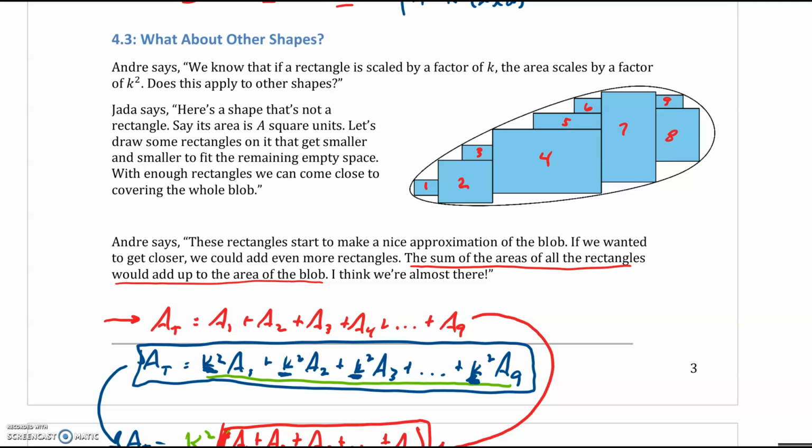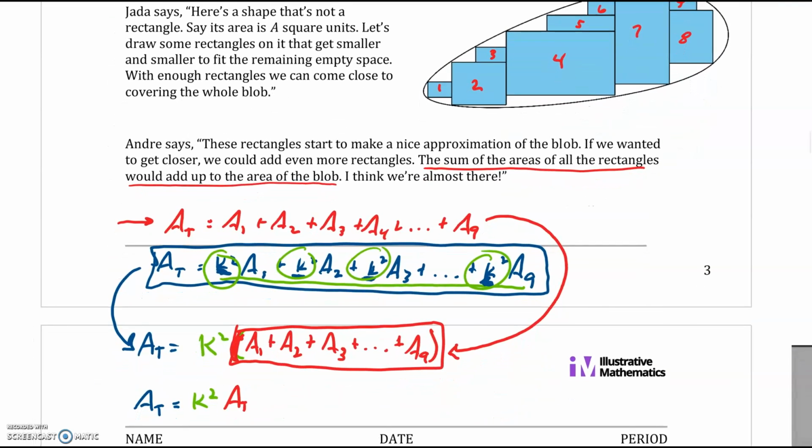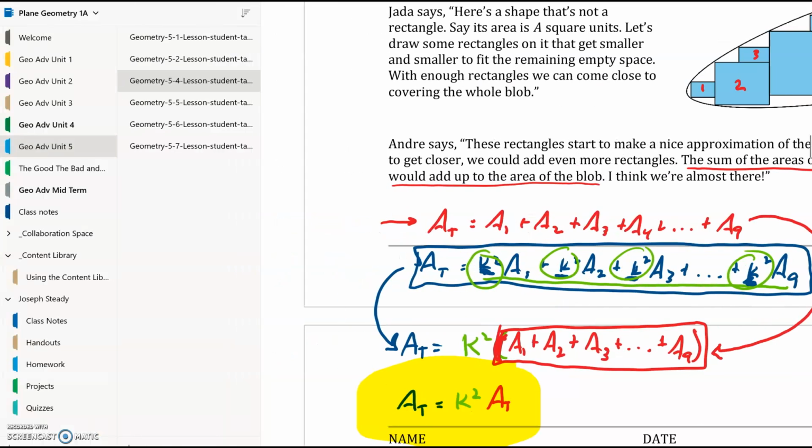And then underneath in the blue, we scaled the blob by a scale factor of k, and we knew that we would then be scaling the individual areas by that same scale factor, which means we have to multiply by k squared. Last but not least, we saw that if we scale a shape with a scale factor of k, then we are scaling the area by a scale factor of k squared. So that's going to be important that we remember.